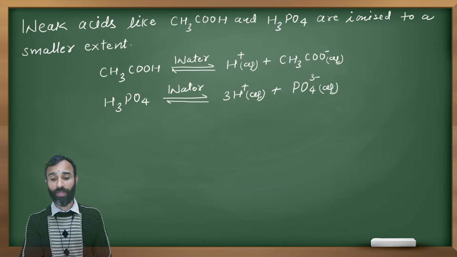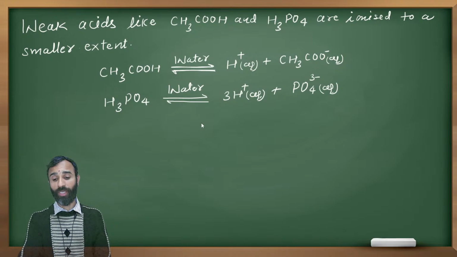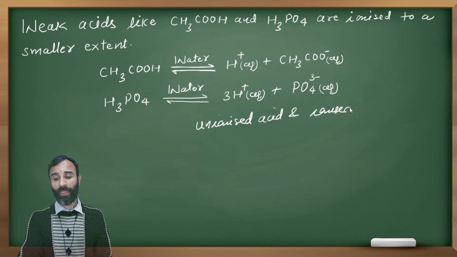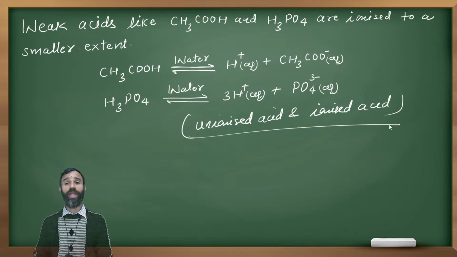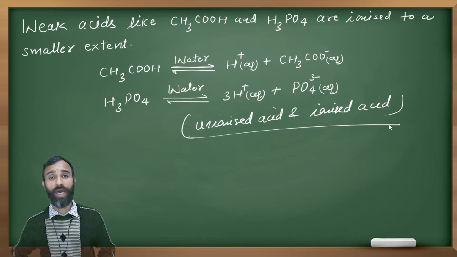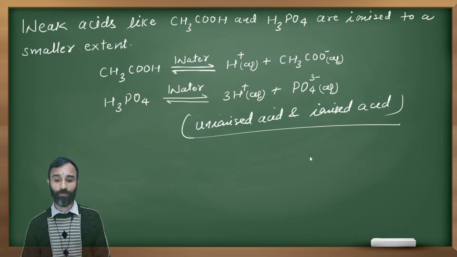But if we have a weak acid, like acetic acid, phosphoric acid, then see there is a double headed arrow, meaning it is at equilibrium, because in the solution unionized acid and ionized acid are in equilibrium, or we can say unionized molecule and ionized molecule are in equilibrium.